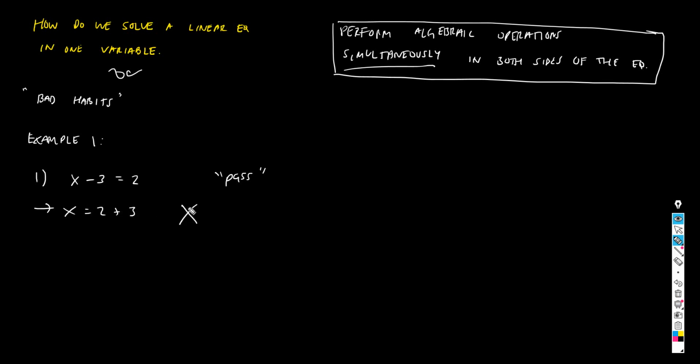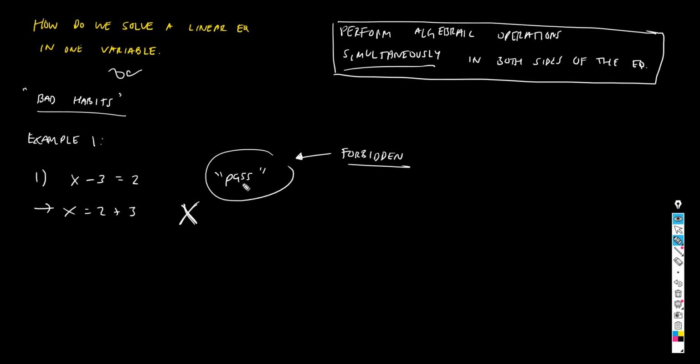That is wrong. That is wrong. That's what I mean by bad habits. In mathematics, you don't pass numbers from one side of the equation to the other side. You don't do that. I'm gonna completely forbid you. In my class, it is completely forbidden to say this word. You will never say pass.